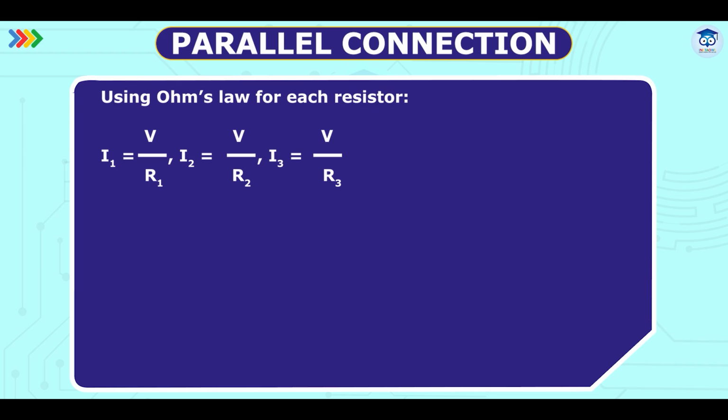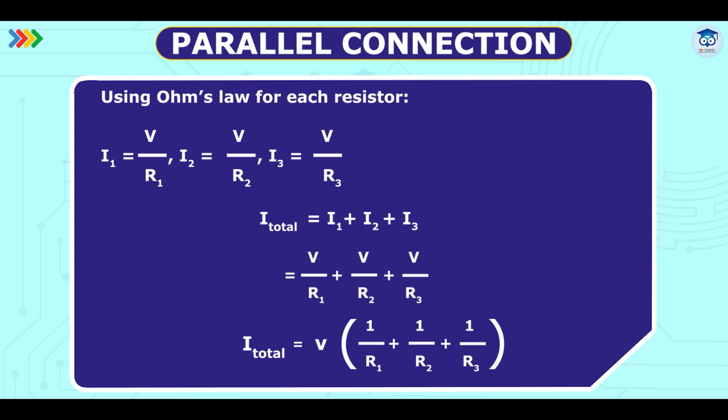Substituting these values of I1, I2 and I3 into the total current equation, that is, I total is equal to I1 plus I2 plus I3, we get I total is equal to V upon R1 plus V upon R2 plus V upon R3. Factoring out V from this equation gives us I total is equal to V multiplied by 1 upon R1 plus 1 upon R2 plus 1 upon R3.